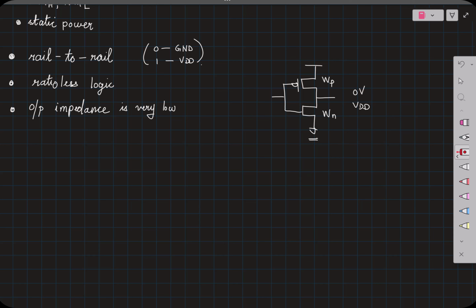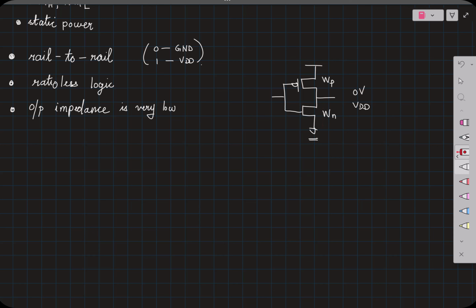If I had to model the resistance of the transistor in linear region, can you tell me if it is going to be high or low? It's going to be very low, right? The voltage drop across it is going to be very small, and you can have large currents. You can have currents flowing through it if required, right?